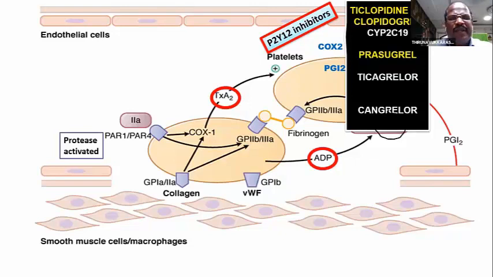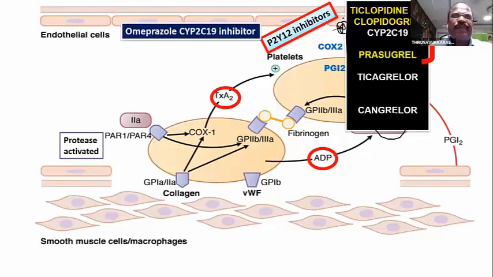Here, the commonly given drug is clopidogrel. This is another common drug, but it's a pro-drug. This drug needs activation with the help of the CYP2C19 enzyme. So here is one very commonly asked MCQ: when we give clopidogrel with omeprazole, one important drug interaction is going to occur. Look here, clopidogrel is a pro-drug.